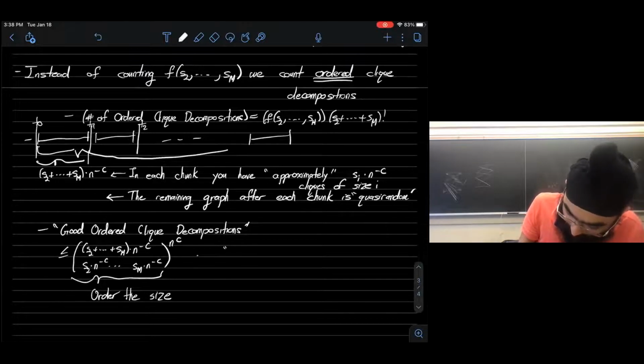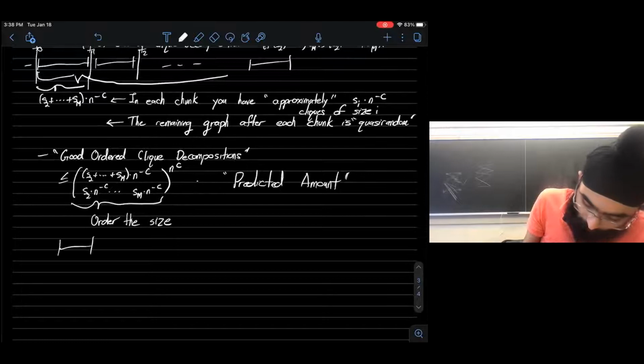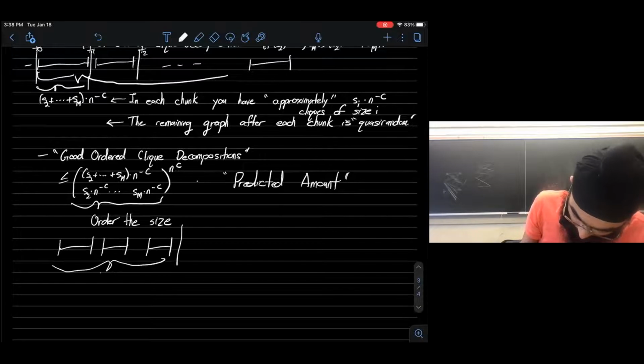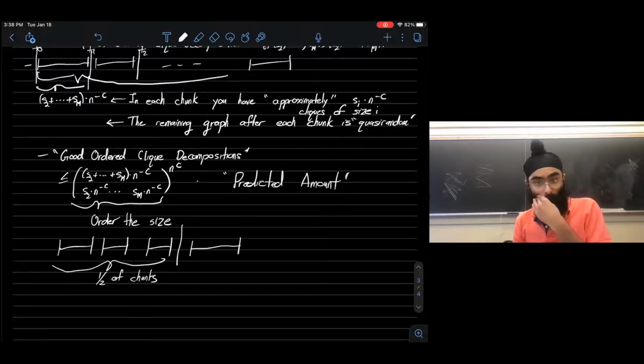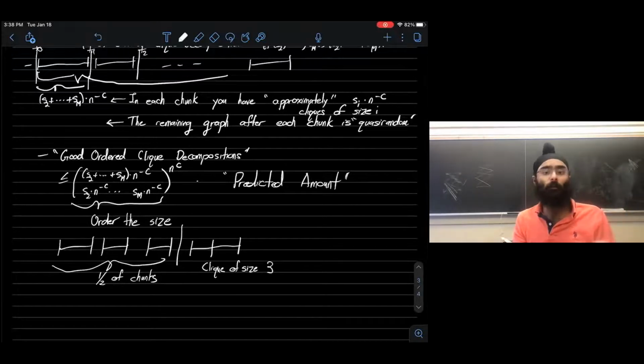And now, the predicted amount. Let me explain what I mean by predicted amount. Suppose you reveal the first half of the chunks. And now I'm looking at this chunk, and I want to plant a clique of size 3. Naively, there are at most n cubed choices for that clique, but that turns out to be too lossy.